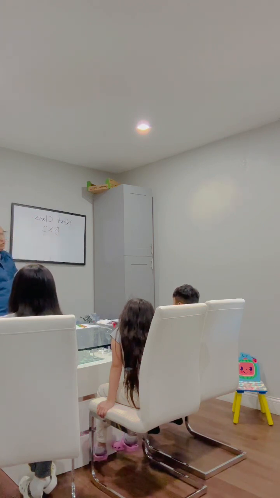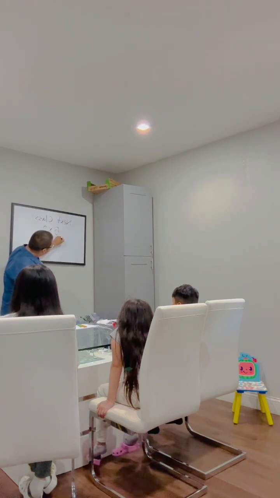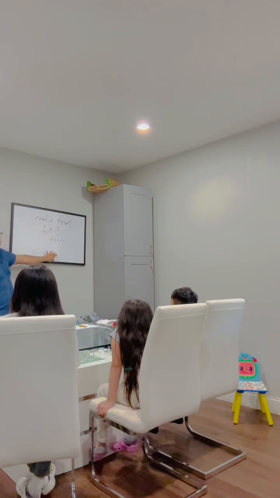So using an array model, you'll be representing this. Let's use x's for our arrays. An array will be 5 x's, and this 5 signifies the number 5, correct? If you're multiplying it by 2, this means that you have 2 groups of 5.